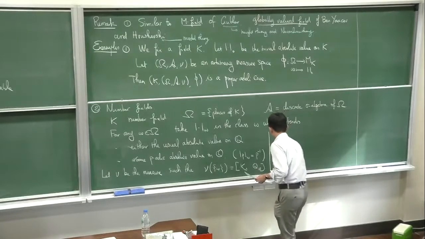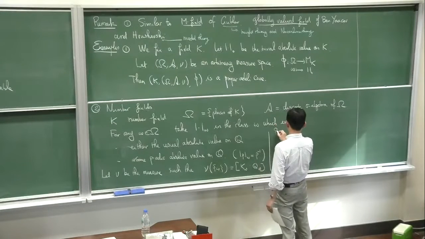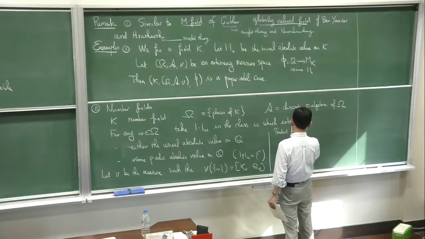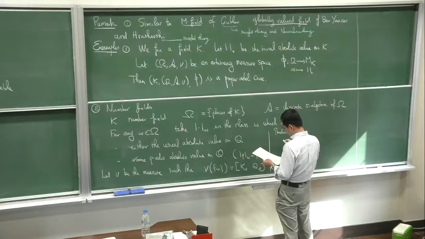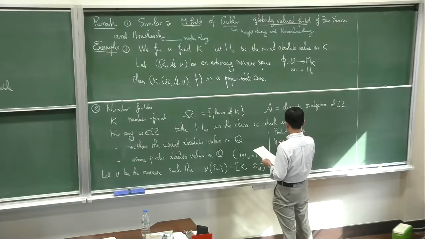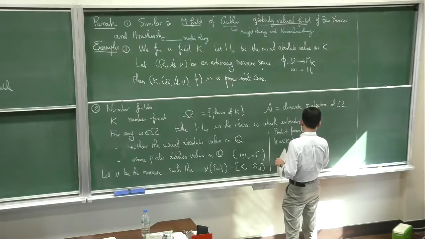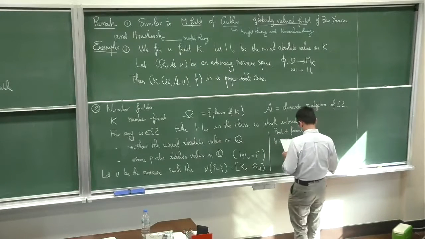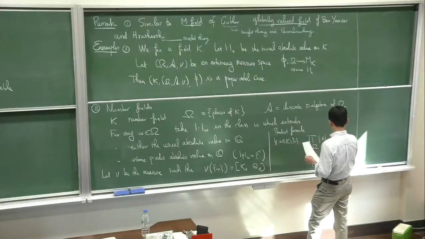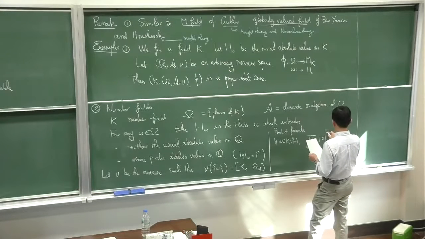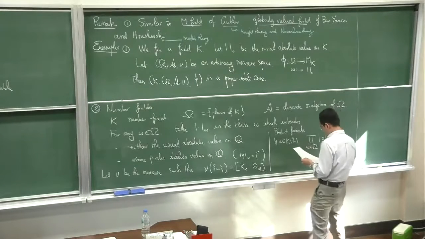Now you have the usual product formula, saying that for any a in K which is non-zero, the product over omega in omega of the absolute value of a to the power of [K_omega : Q_omega] is 1.